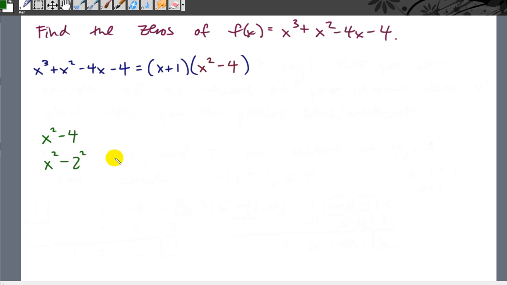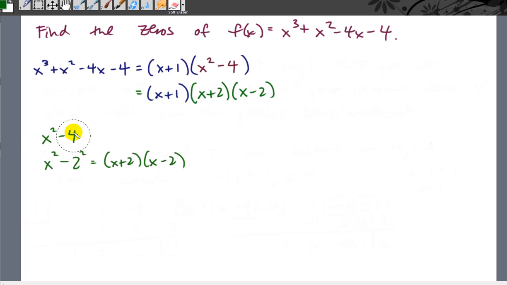So this is the same thing as x plus 2 times x minus 2. Let's write that here in a different color. We have x plus 1, multiplied by x plus 2 times x minus 2.